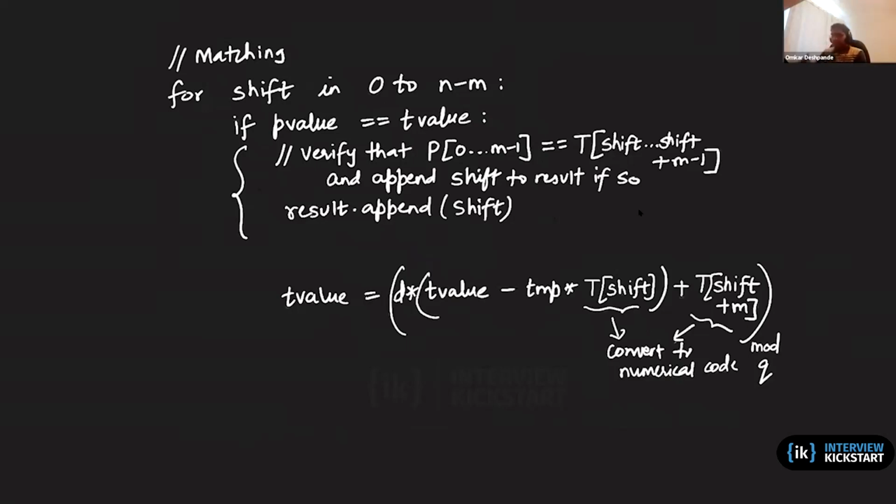So the first time this is done, shift is 0. Then we move to shift 1. The last time this will be done is when shift is n minus m.